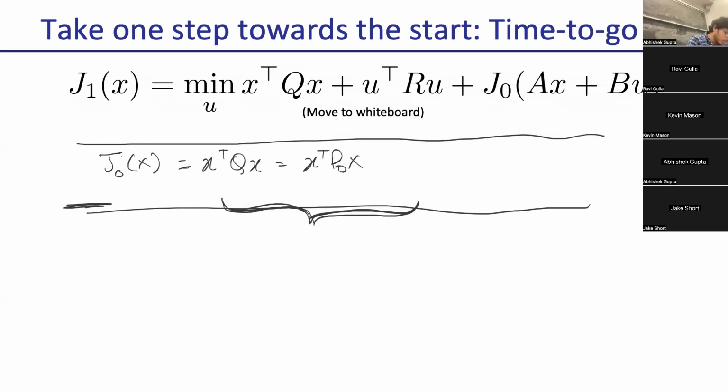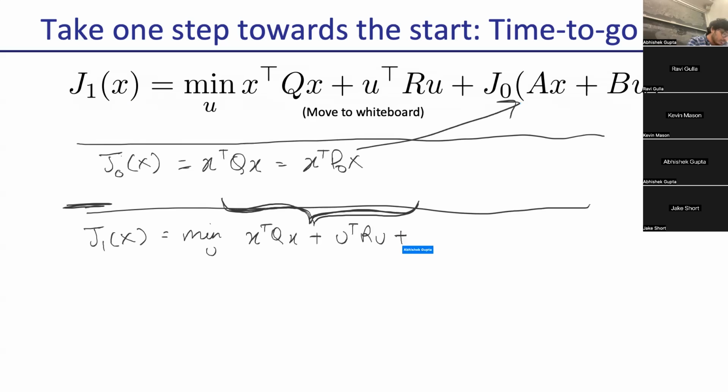So now let's substitute that definition into here, right? This whole objective, J1 of X, becomes min over U of X transpose QX plus U transpose RU plus J naught of X, but X here is going to be AX plus BU because you've transitioned one step in the future. So it's going to be (AX plus BU) transpose P naught (AX plus BU).